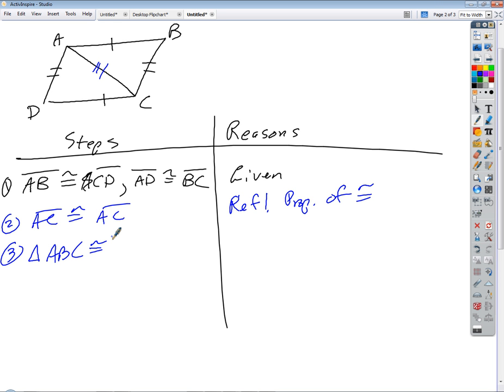Because in the top triangle, vertex A is the vertex that's pinched between 1 hash and 3 hashes, right? So in the bottom triangle, the vertex that's pinched between 1 and 3 would have to be C, right? So triangle CDA, and that's by what? Side, side, side congruence. Okay, now what?